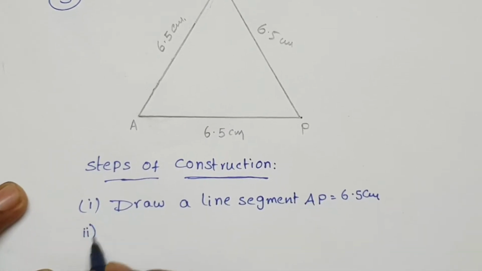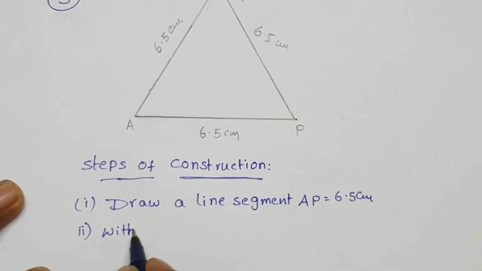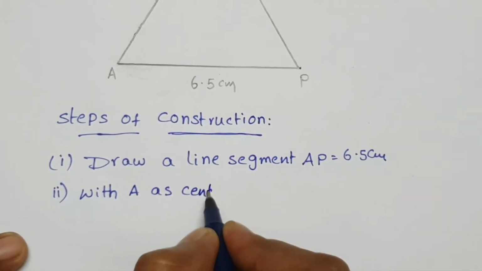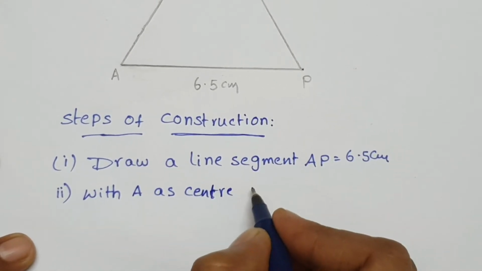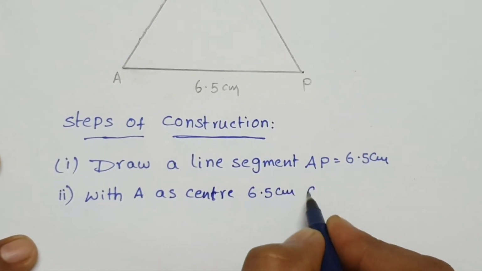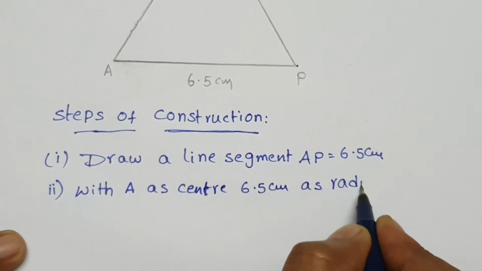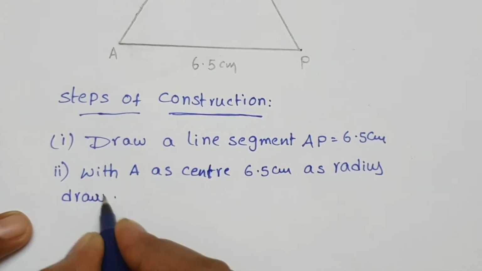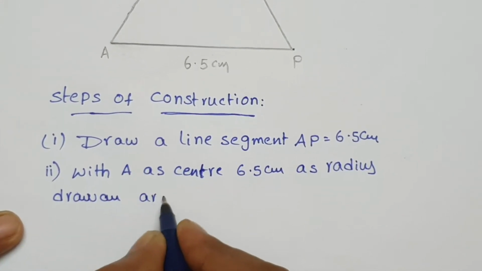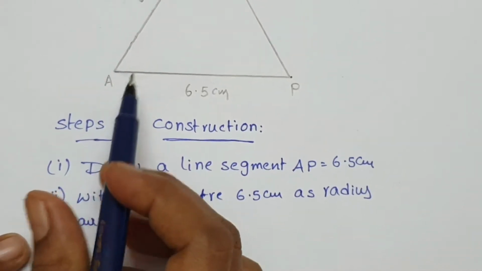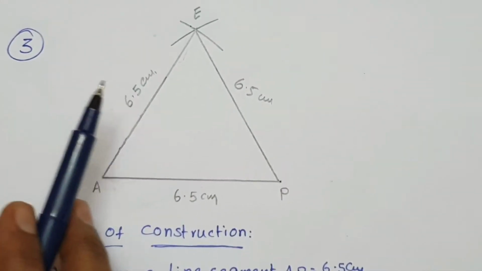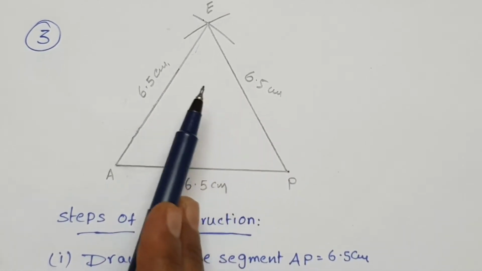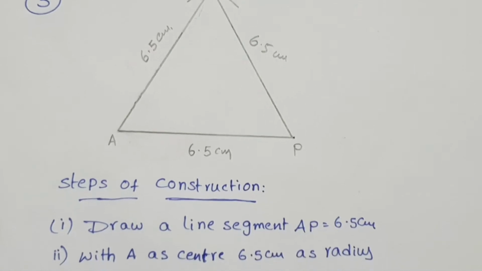Next, second point, with A as center and 6.5 centimeters as radius, draw an arc. Next point, with P as center, 6.5 centimeters as radius, draw another arc.